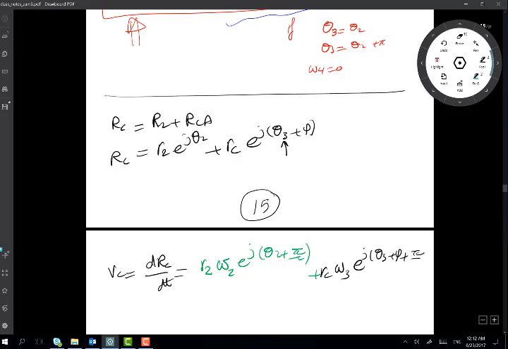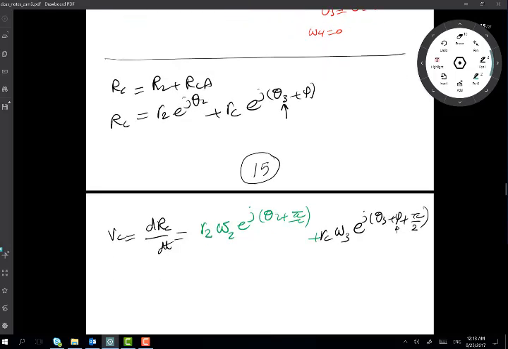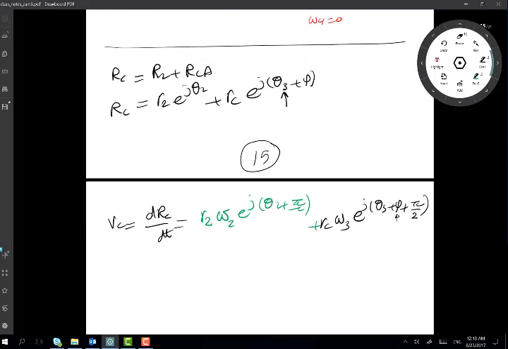Now if phi varied, I would have actually also added another velocity for phi, but phi is constant, so it doesn't change, right?